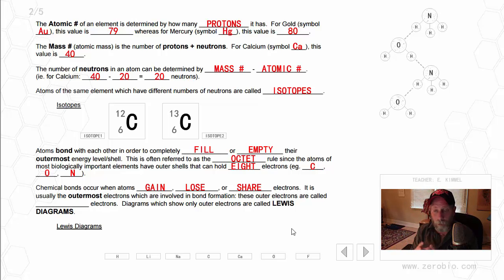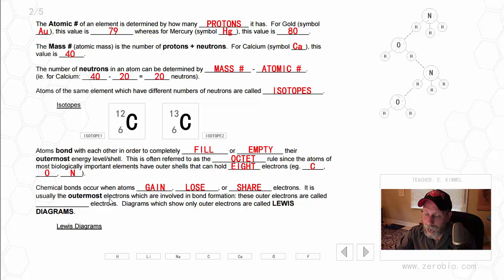So this is how chemical bonds occur. You can either gain electrons, lose electrons, or share electrons. There is no talk about gaining or losing or sharing protons or neutrons. Those things are important for bonding and for attracting electrons and other atoms, but they are not directly involved with the type of bonding we're talking about.